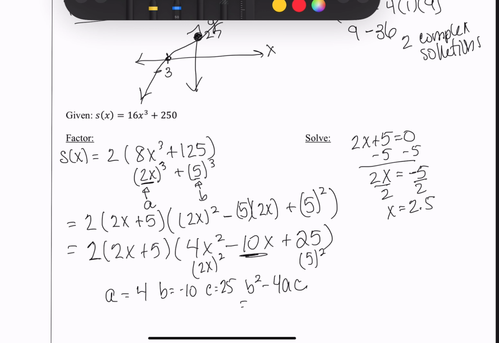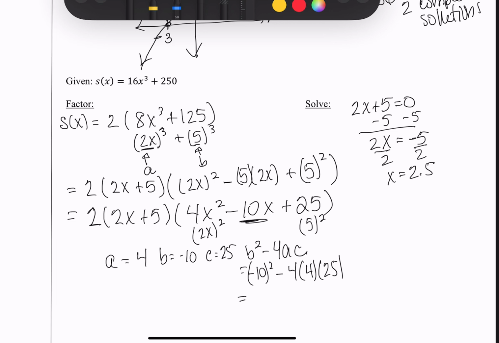So if I do the discriminant, I get negative 10 squared minus 4 times 4 times 25. So I think this ends up giving me 100 minus, well, let's see, 25 times 4 is 100 times 4 is another 400. So that's going to result in two complex solutions.